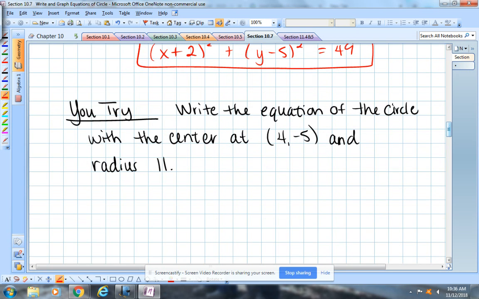Y'all try this one, just writing the equation of the circle.